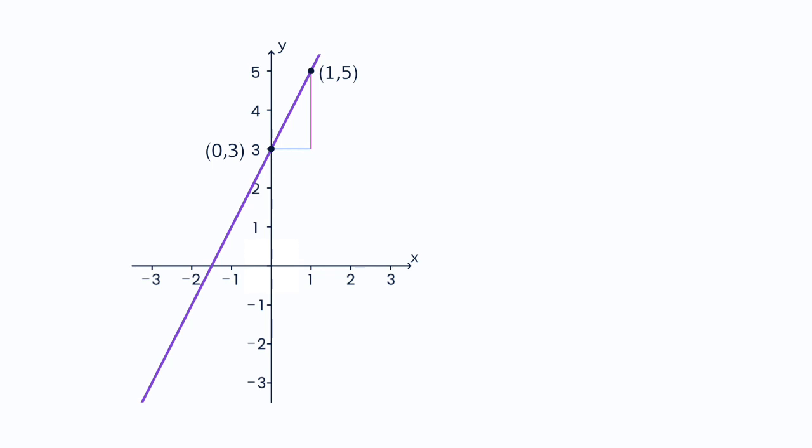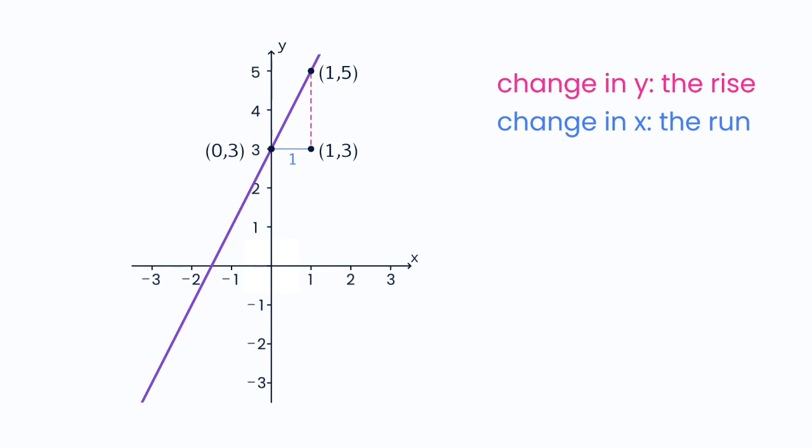The two lines will now intersect at the point 1, 3. This distance between x equals 0 and x equals 1 is the change in x, also called the run. The distance between y equals 3 and y equals 5 is the change in y, also called the rise.